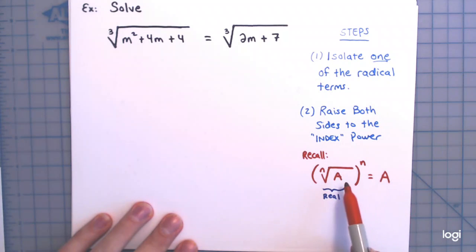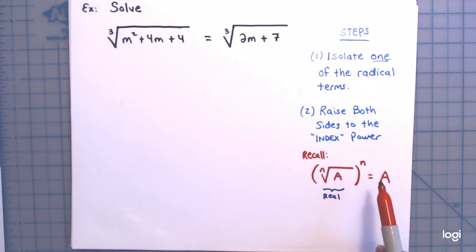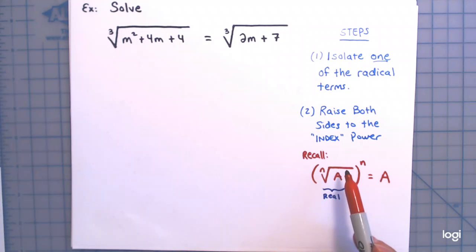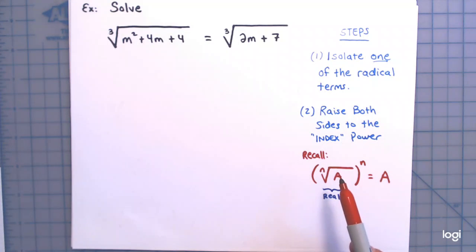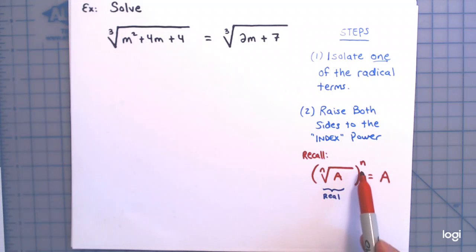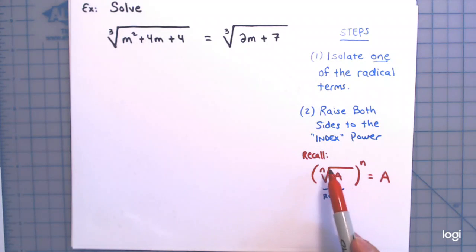So this is what we're going to be doing: undoing our radical symbols, getting rid of them. And again, be careful. This is only a good property for when this base is a real number. So no square roots or even roots of negatives here.